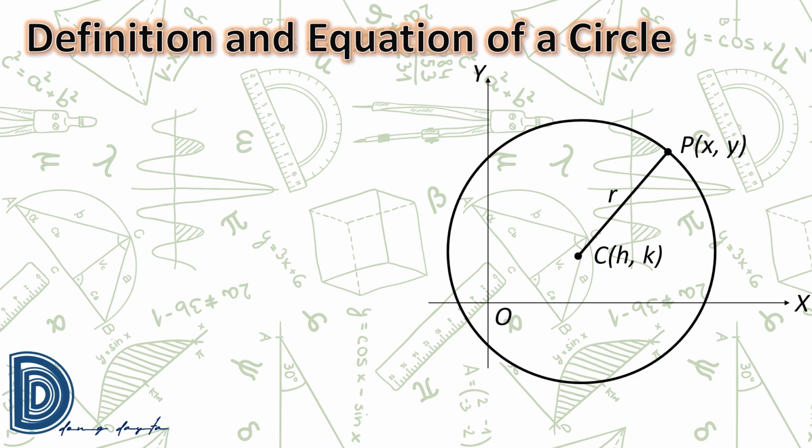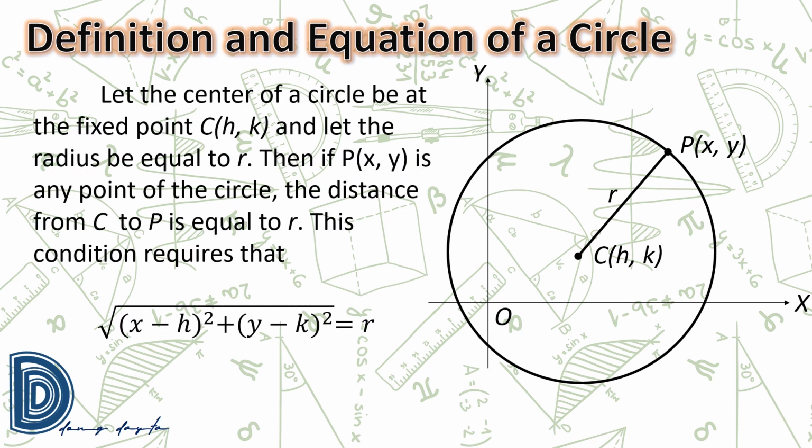Let the center of a circle be at the fixed point C(h, k), and let the radius be equal to r. Then, if any point with coordinates (x, y) is on the circle, the distance from C to P is equal to r.